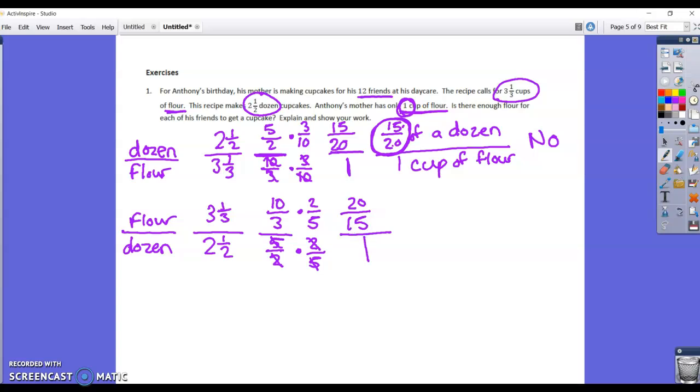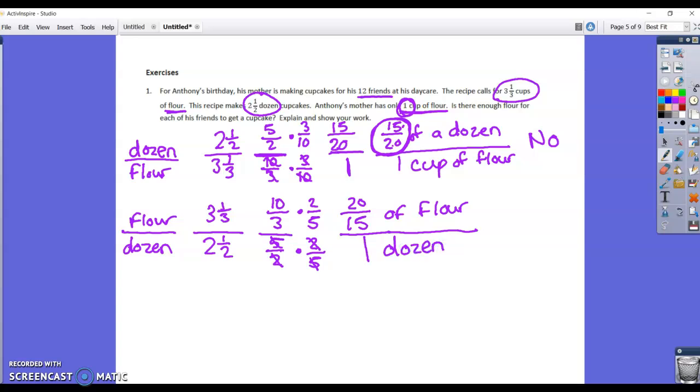Okay, so let's interpret it. 20/15ths of flour for 1 dozen cupcakes.